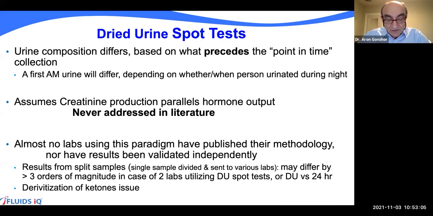One of them, which is getting into the weeds of gas chromatography and so on, is the derivatization of ketones. That's a big phrase, but it refers to the way in which you need to prepare the analyte in a gas chromatographic system in order to get the values that are needed.